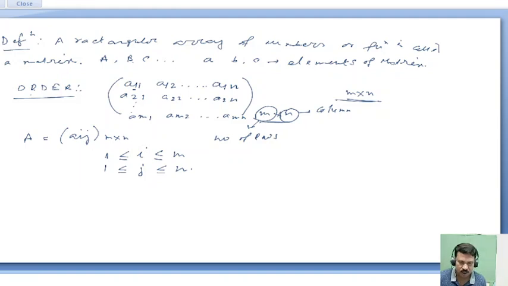M and n may take any values for the matrix.